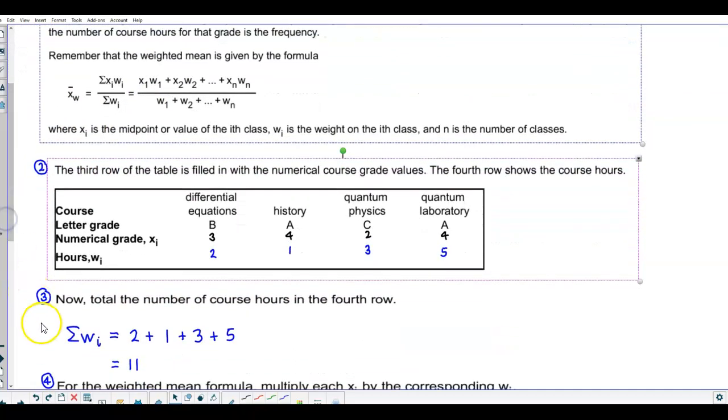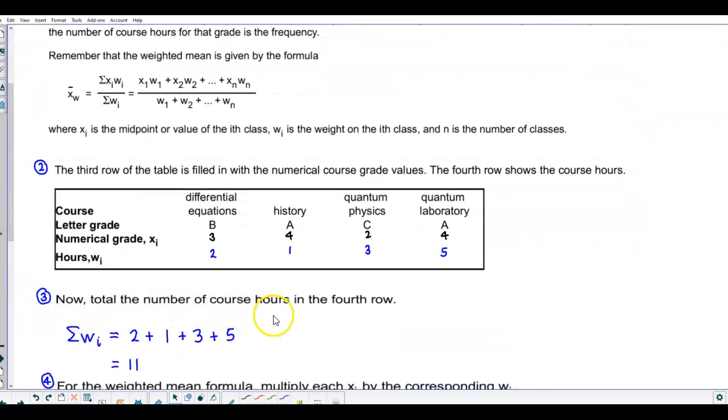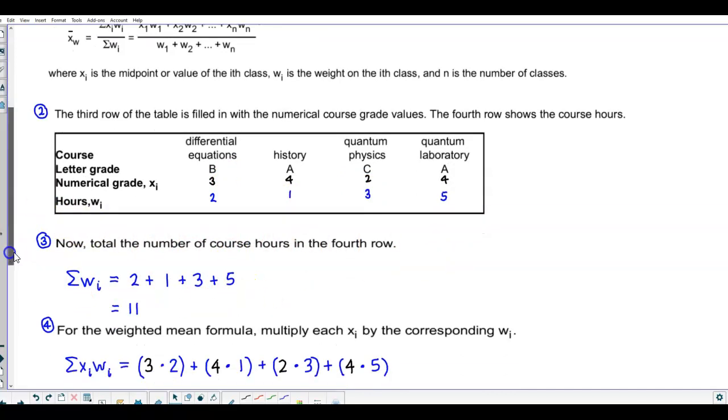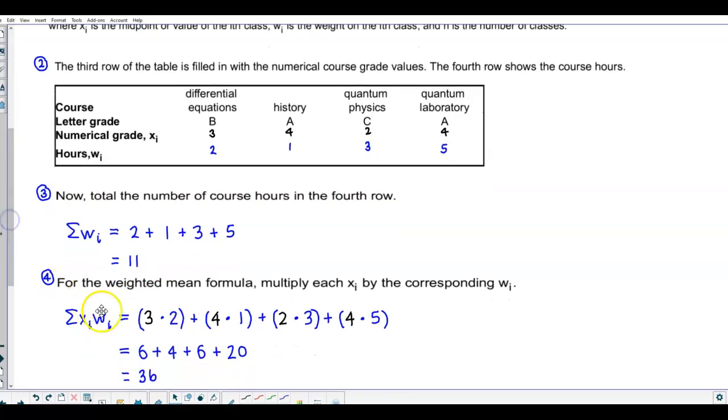So now what we want to do is find the total number of course hours in the 4th row. Well, the course hours is adding up the course hours, so the sum of w is equal to 2 plus 1 plus 3 plus 5, and that gives us a total of 11. Then what we need to do is find the weighted mean formula.